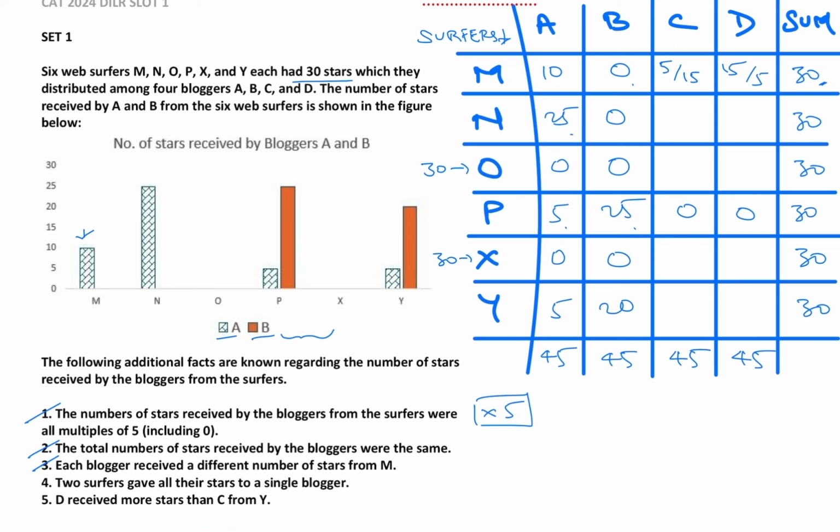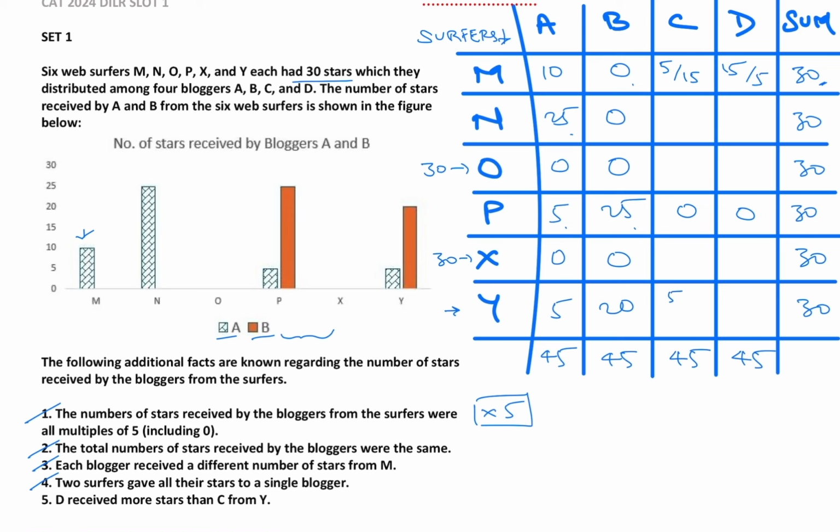Okay, so fourth point is also taken care of. I found two surfers. Okay, fifth point is D received more stars than C from Y. Okay, let's take a look at Y. So Y already has 5 and 20, so now I can give out 5 more.